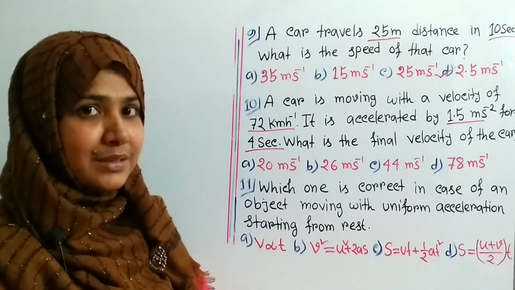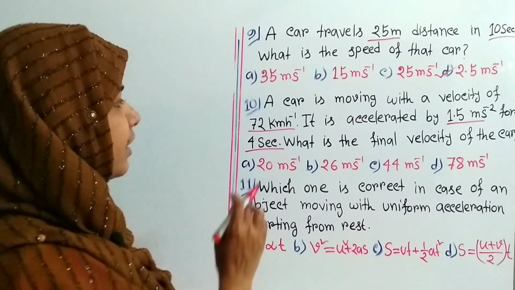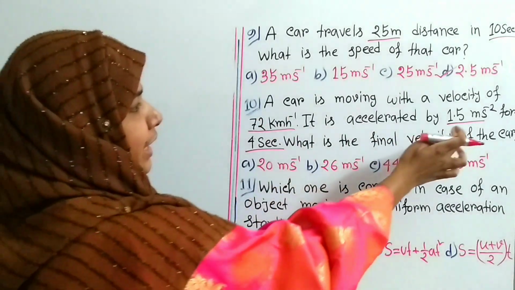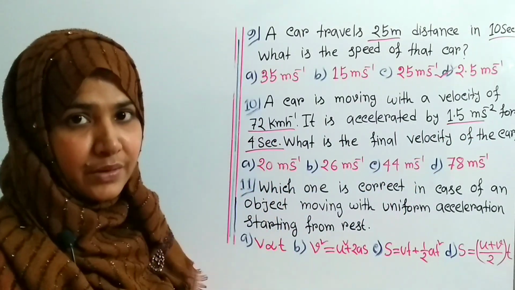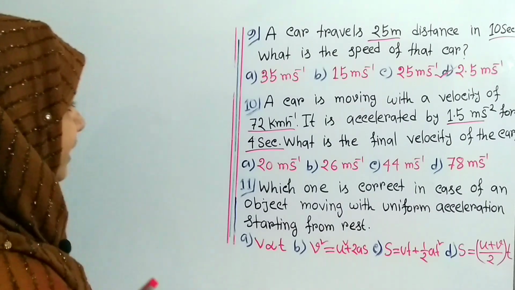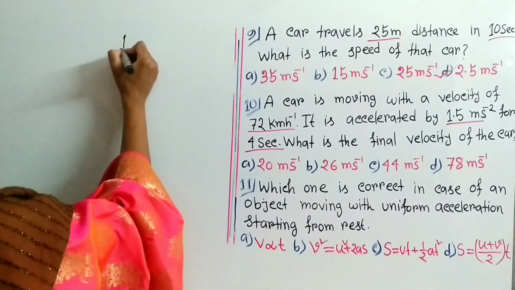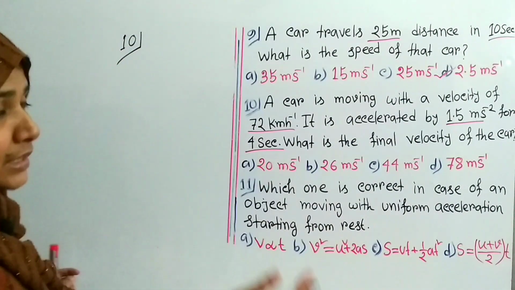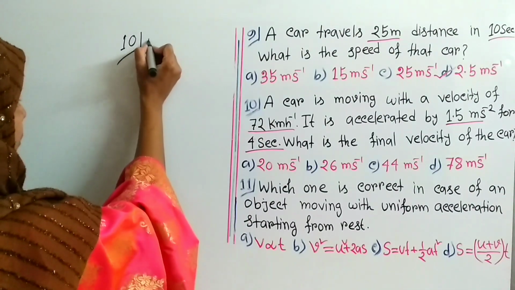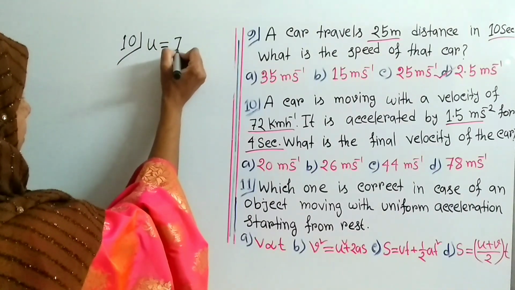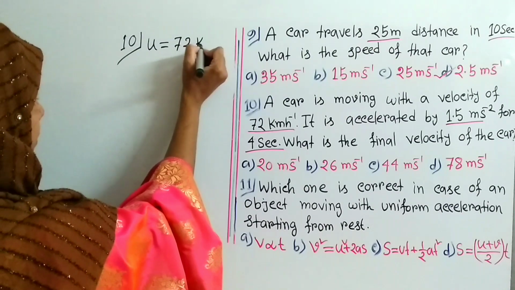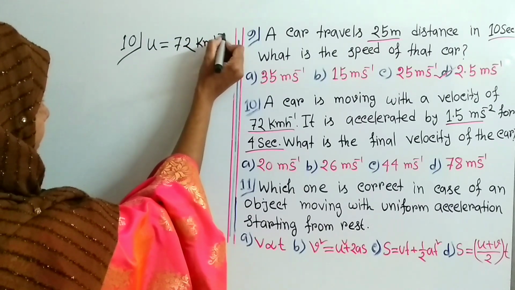So here you can see that the values of U, A and T are given. So we can write that for question 10, initial velocity, that is U, is equal to 72 km per hour.